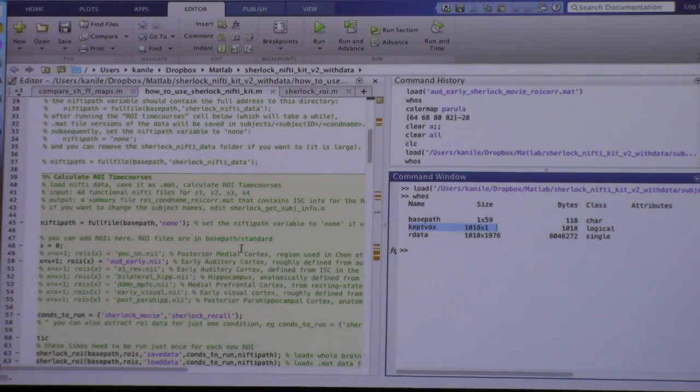If you have dropout in too many of your subjects for a particular region, you don't want to include that in your intersubject correlation map. So you want to know for every subject which voxels actually had signal in them, and you want to carry that information forward as you go on to make your group level maps.